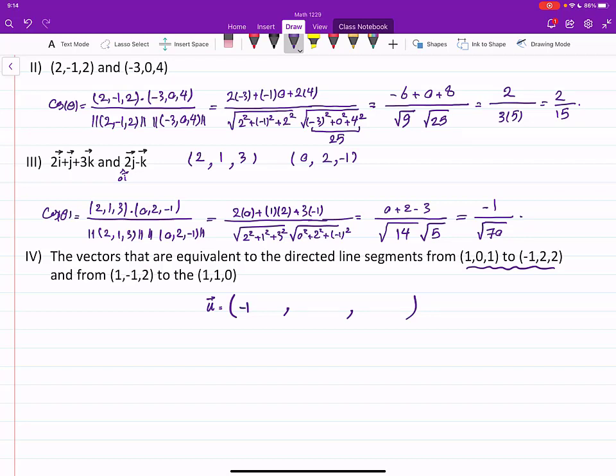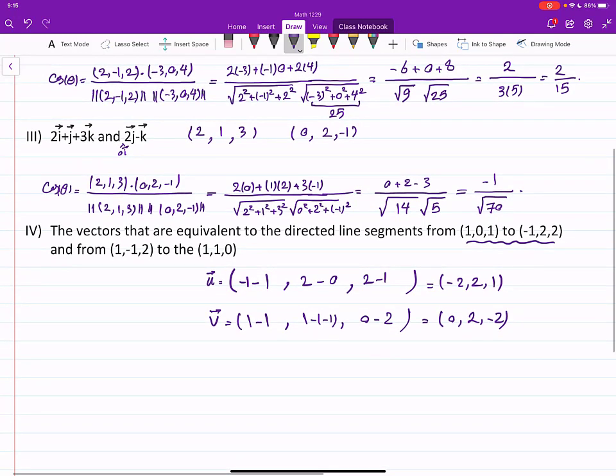So -1 minus 1, 2 minus 0, and 2 minus 1. Okay, so that will give me -2, 2, and 1. And for the other one, we have (1, 1, 0), and then I'll do minus 1, minus -1, and minus 2. So that will give me (0, 2, -2).